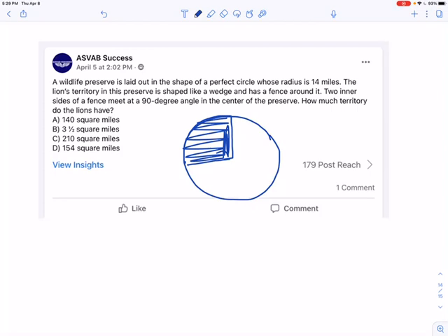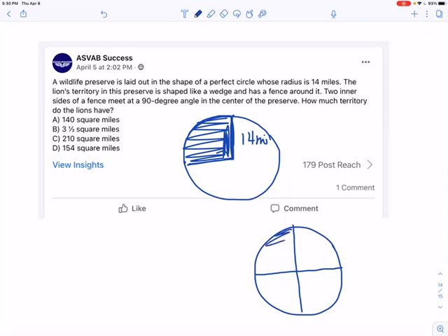Okay, first things first. This right here is the radius, 14 miles. And this is a fourth of the circle. How do I know that? Because to make a 90-degree angle in the circle, actually let me draw a new circle for you. To make a 90-degree angle in the circle, I have to cut it in half and then cut it in half again.